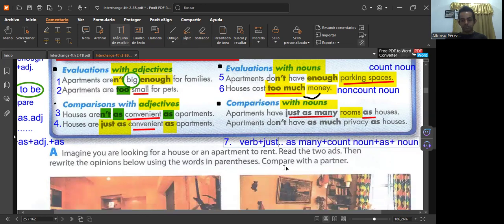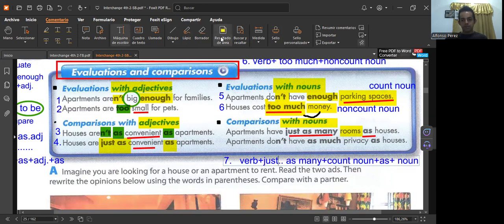Good. Let's go with number 8. We have the word privacy. Privacy is a non-count noun. There's a reason why we're using much. So we say here, apartments don't have as much privacy as houses.